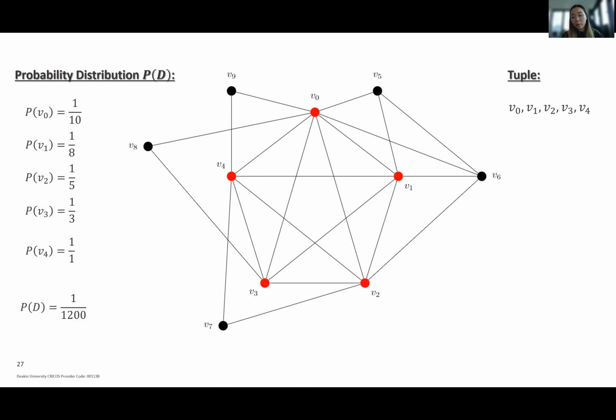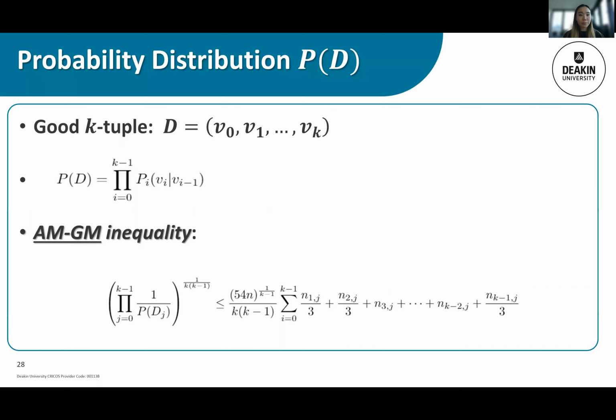Okay, so now the question is, what's the point of this probability distribution? Let's name the good tuple. Say D represents the good k tuple. Then we've got our probability distribution as the product of the probabilities for picking Vi.